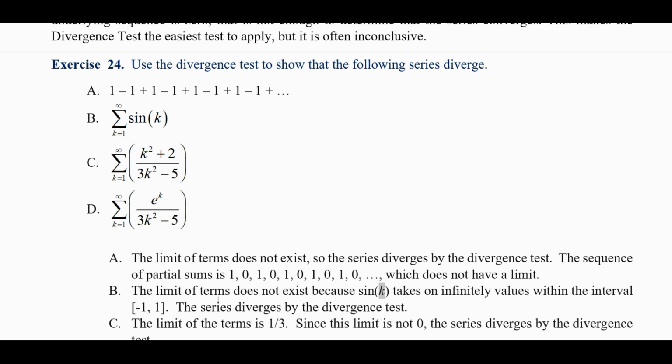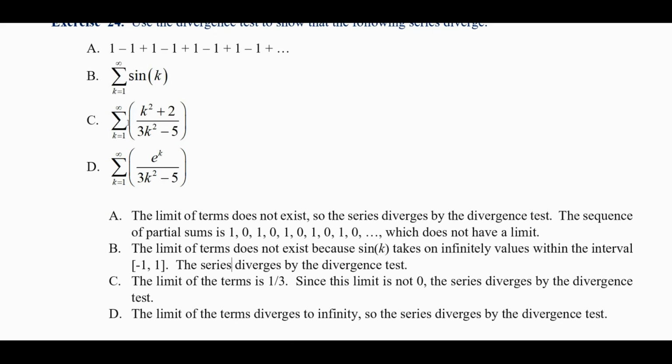It may not take on all of those values because k is only a natural number, but still it's going to go all the way up and down that range of values, bouncing back and forth. So the series diverges by the divergence test. It doesn't have a limit.